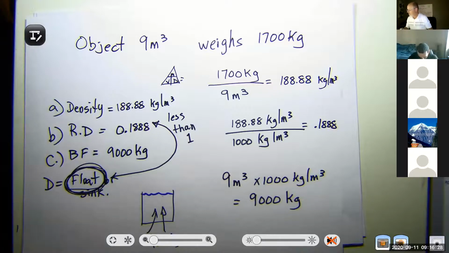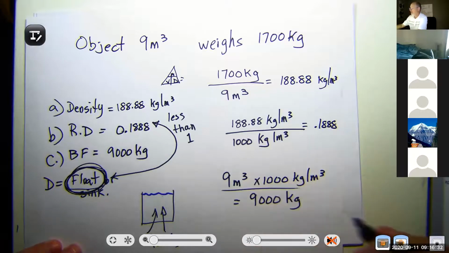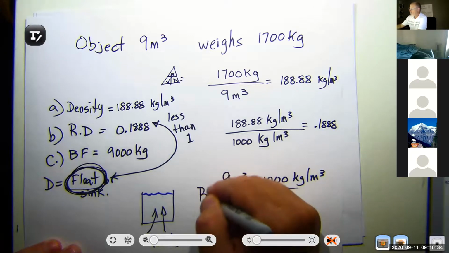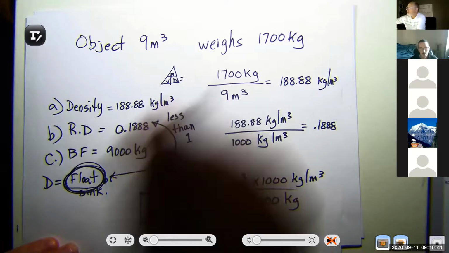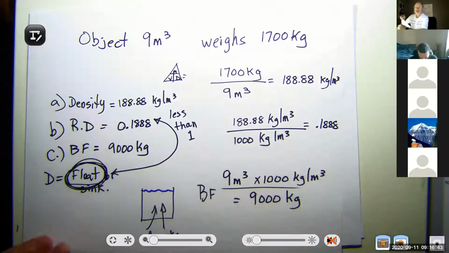Yeah, we multiply to get the buoyant force. So to find the force, it's object volume times standard density of the fluid it's in. So we're talking about fresh water. Okay.